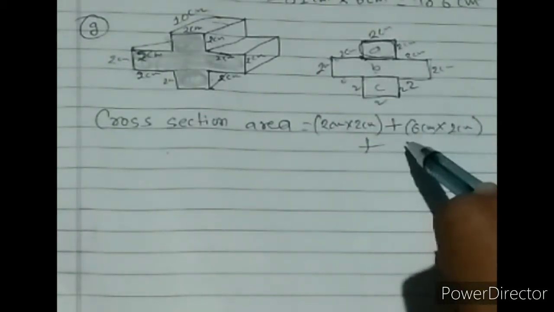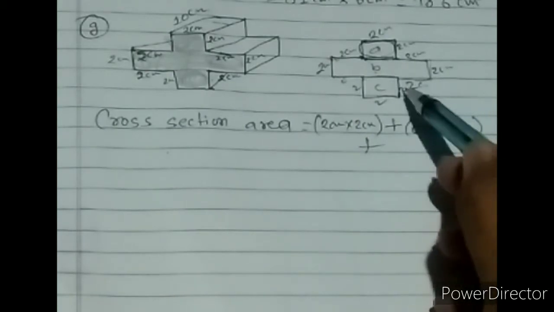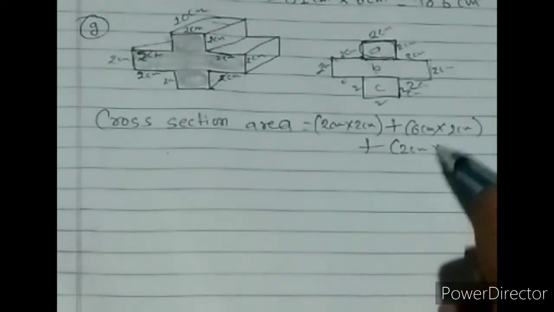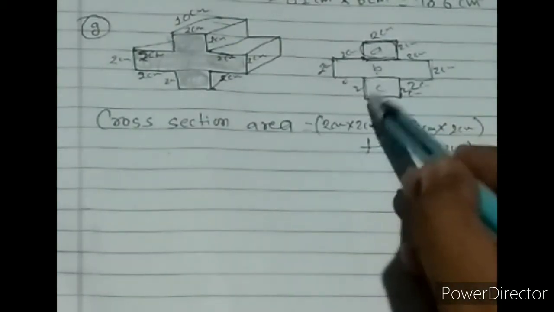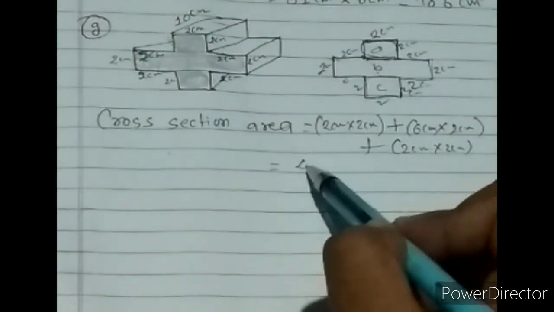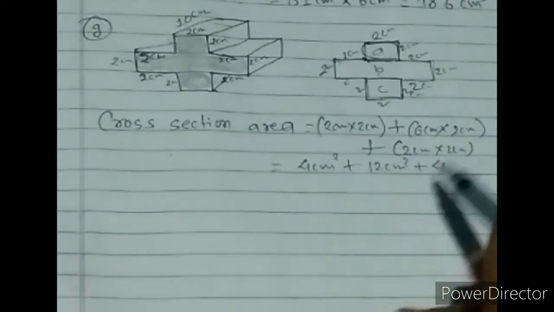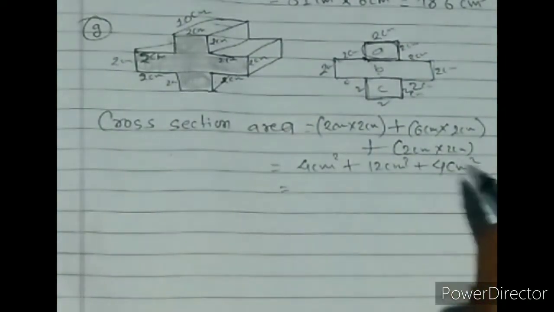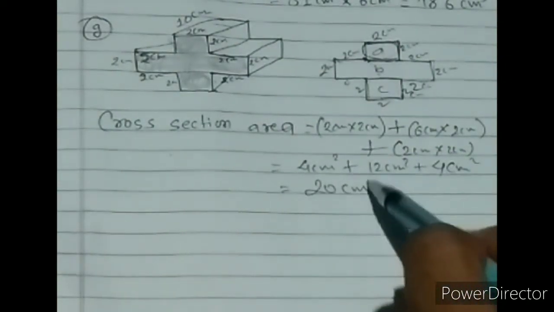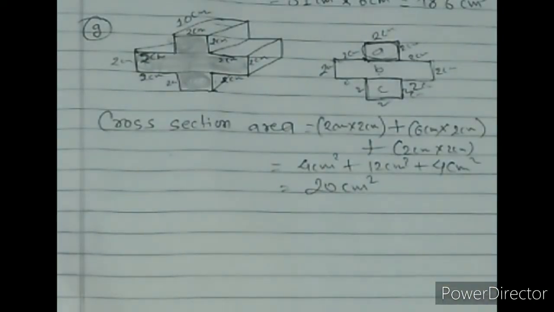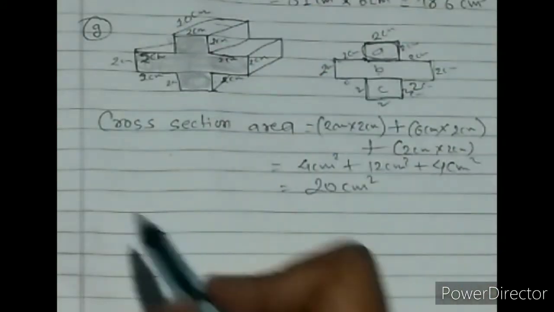Now third, also 2 into 2, because here is 2, here is also 2. 4, 12, 4. 20 centimeter square is the cross section area. But actually we have to find the volume of the prism.